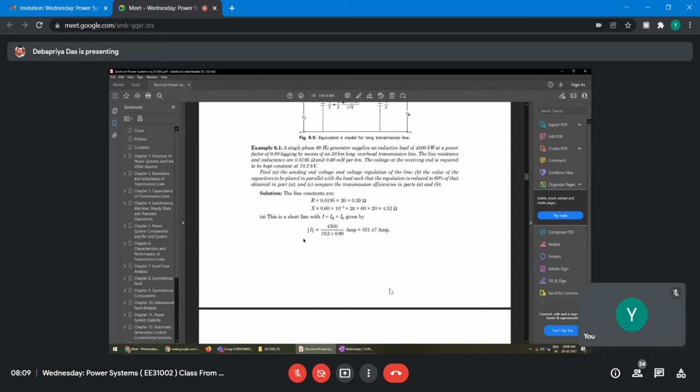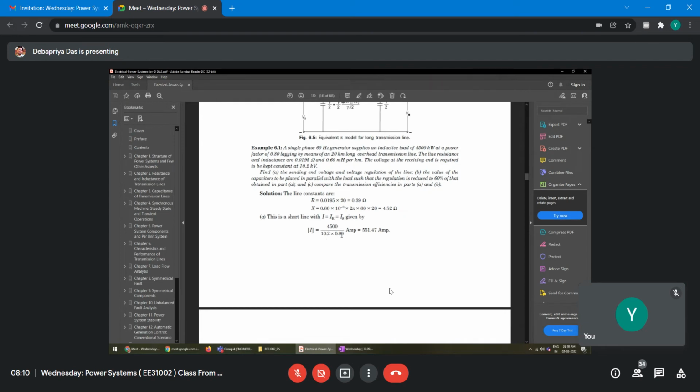As it is a single phase line, the magnitude of the current will be, this is the power, and the power factor is 0.8, so VI cos phi. This is 4500 kilowatt and the voltage is in kV, so we didn't multiply by 1000 here or here, no need.